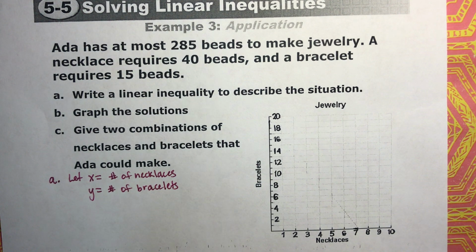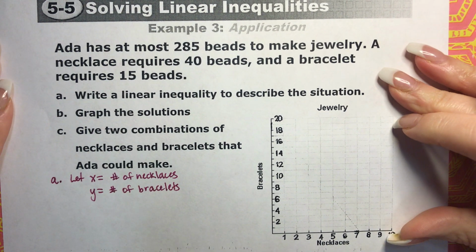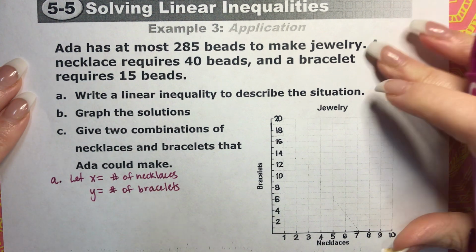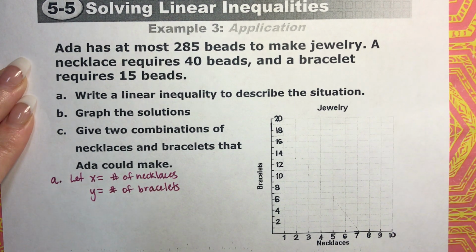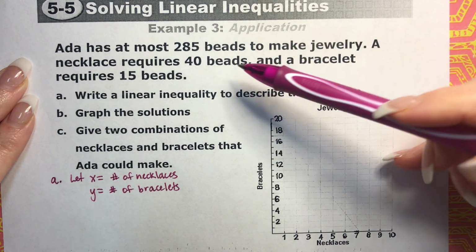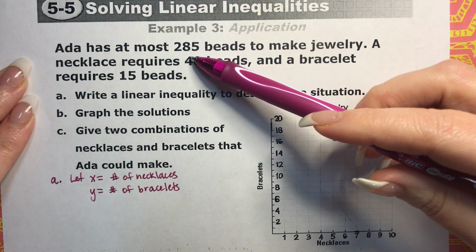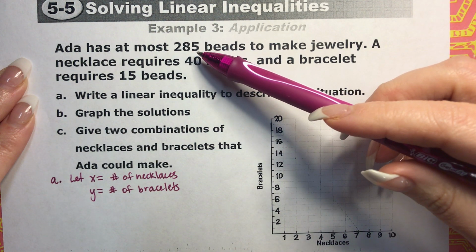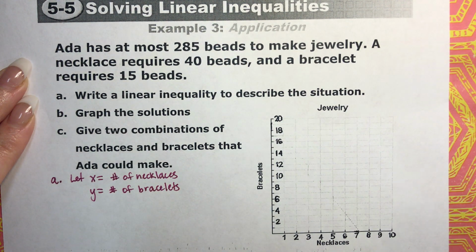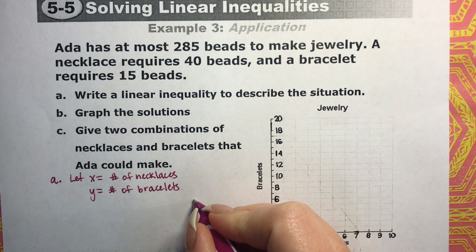Okay, now as we write our inequality, this is a type of application where we have a total amount, and that total amount is made up of pieces, right? So our total amount is actually 285. I'm just going to put the total over here on this side.